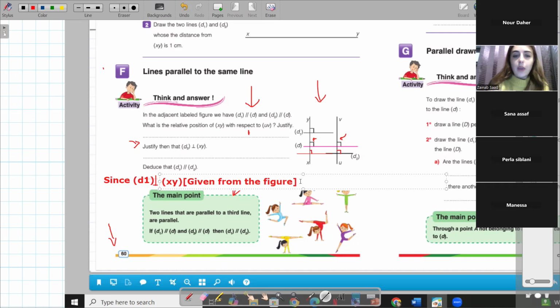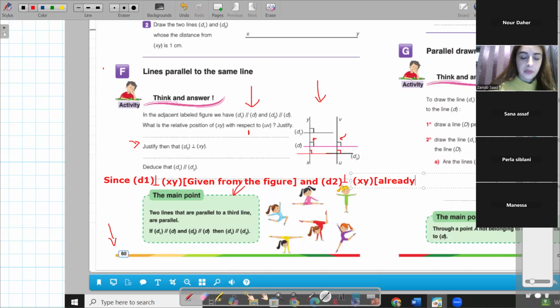So since D1 is perpendicular to XY, given from the figure, and D2 is perpendicular to XY, as you can see, from where did I know this information? From the second part. We just verified it in the second part. How did we know that?